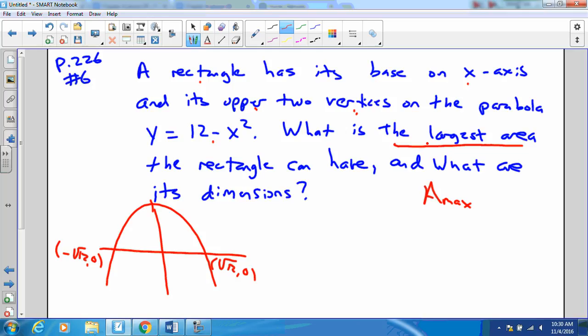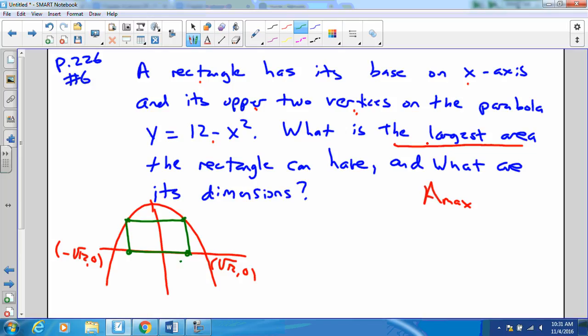Upper two vertices. What's a vertex? Right. So here come my upper two vertices, like so. And therefore, that fixes where my other two vertices must go because they have to rest on the x-axis.